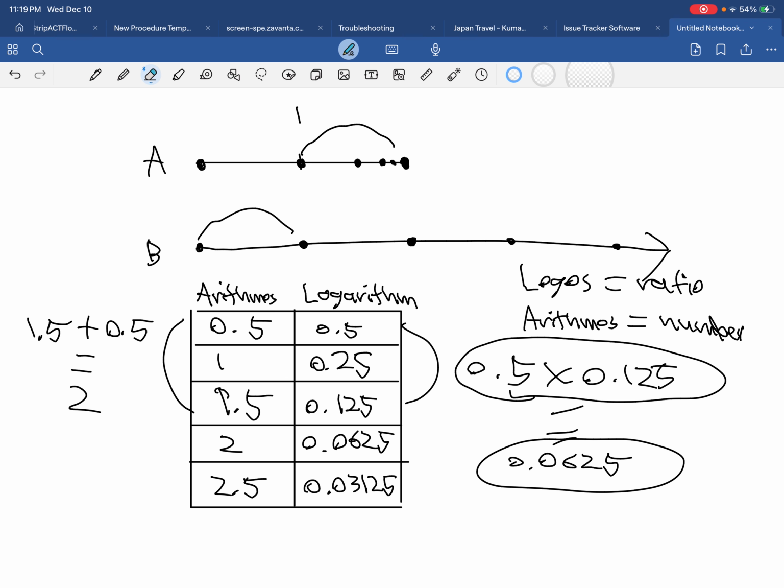But there is something weird about Napier's logarithm table. It doesn't have any decimal points.